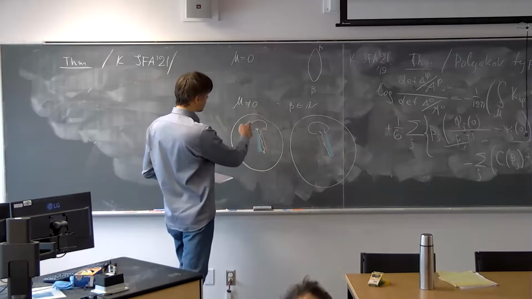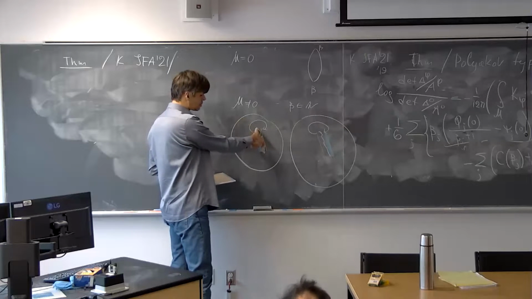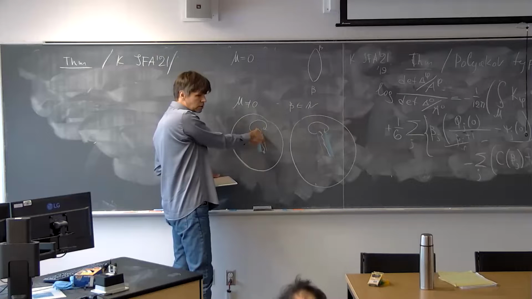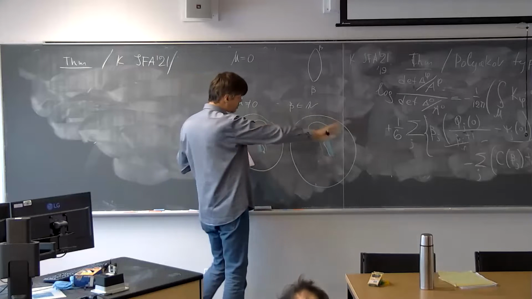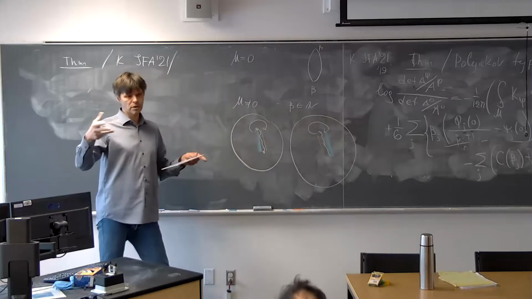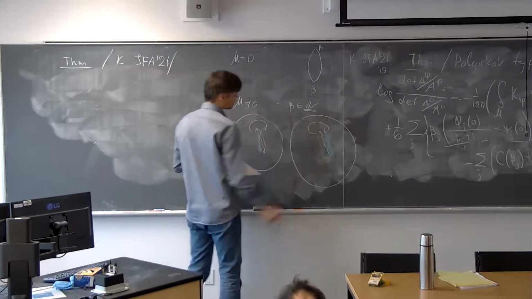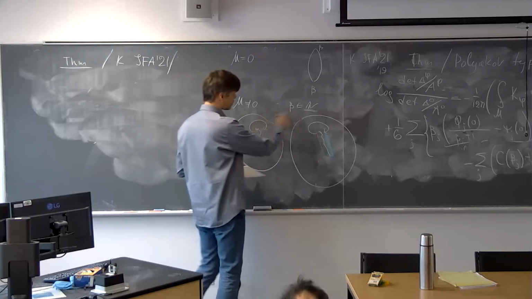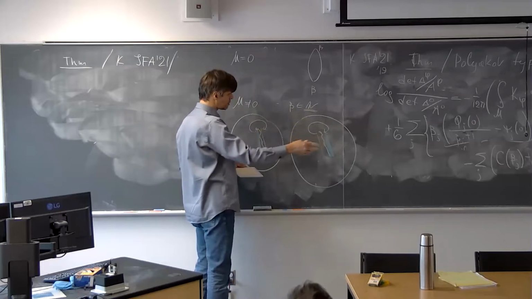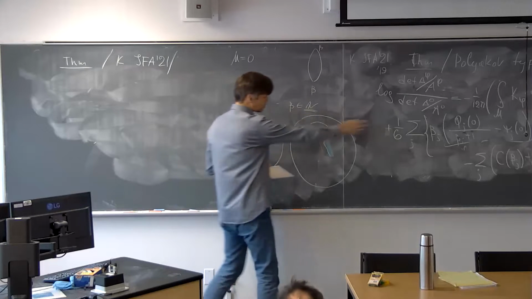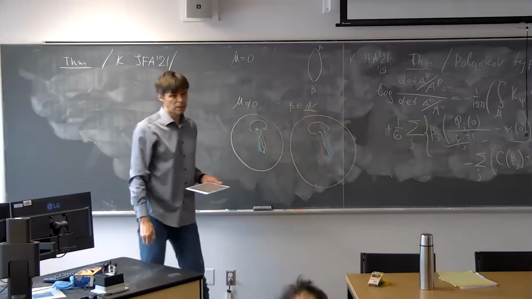As mu goes to infinity, those two conical singularities become closer and closer. In the limit, the surface degenerates and we obtain two spheres. The general case, of order 2 and so on, can be obtained in the same way: you just take more spheres and glue them in a similar way.